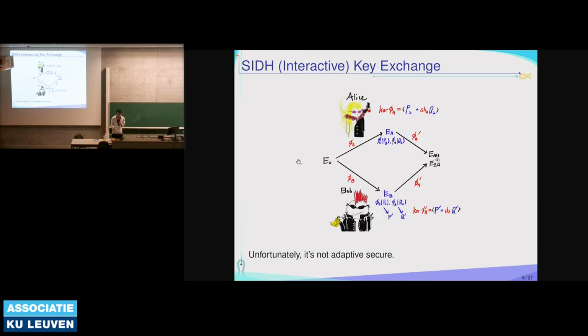But this SIDH key exchange is interactive. Alice needs to use Bob's public key to construct the shared secret. And unfortunately, this one is not adaptively secure. We will explain what the SIDH key exchange is and why it is not adaptively secure later.